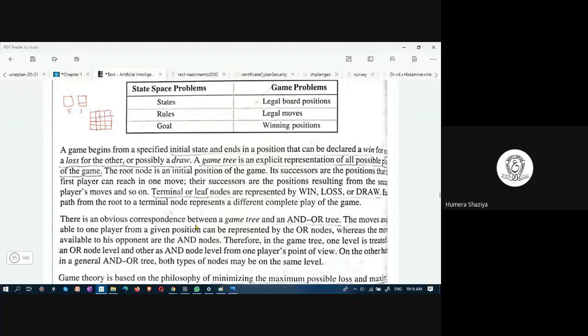What is a game tree? We have developed DFS solutions, and also represented problems in the form of a tree. Similarly, a game tree is an explicit representation of all possible moves of the game.